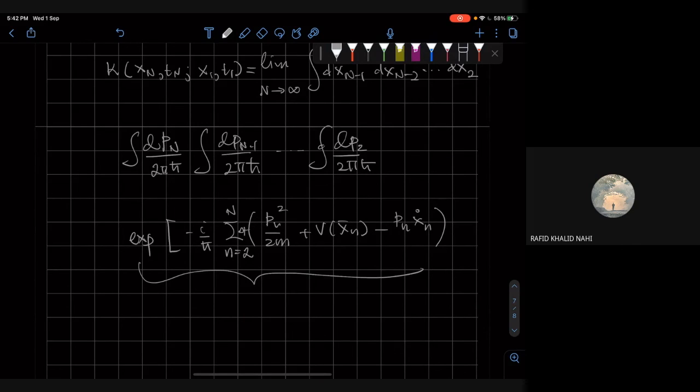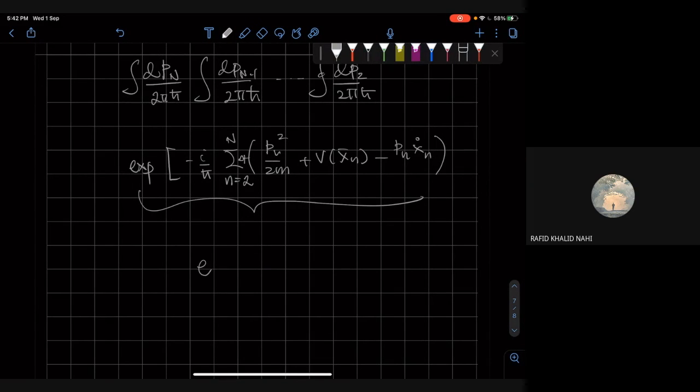What is this thing? This thing is nothing but e to the power minus i by h bar, integral from, say, t1 to tn, and here the argument is going to be the Hamiltonian minus p x dot.